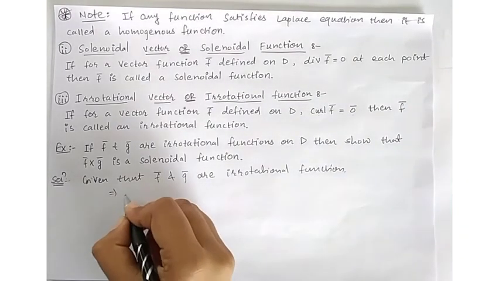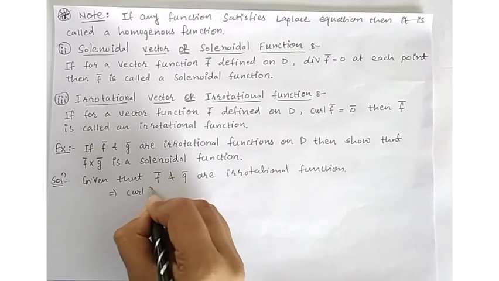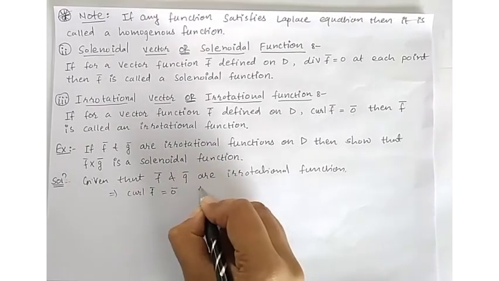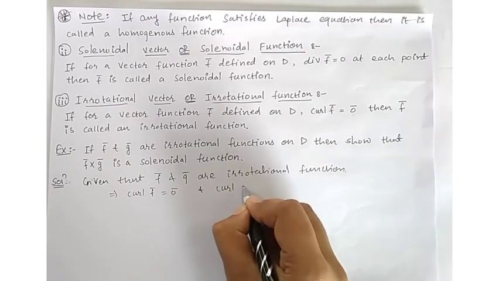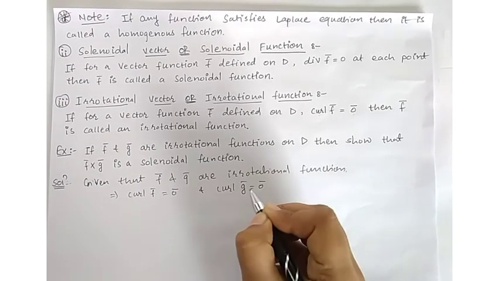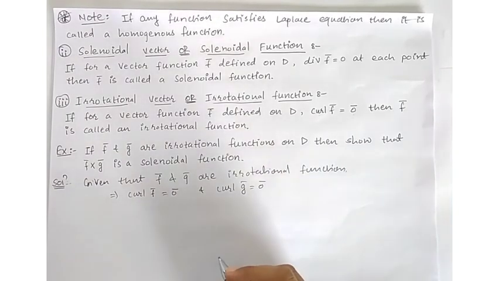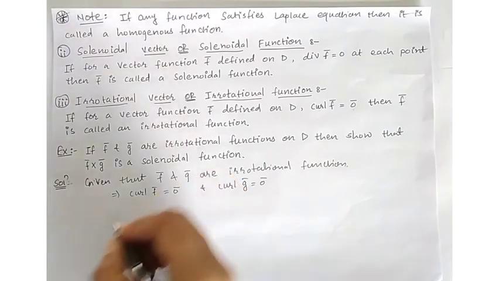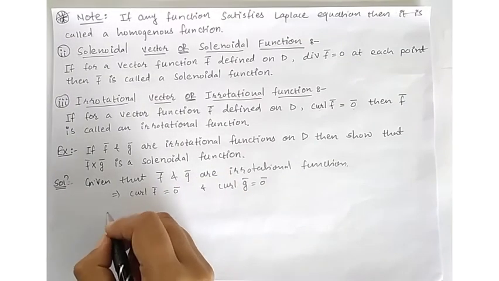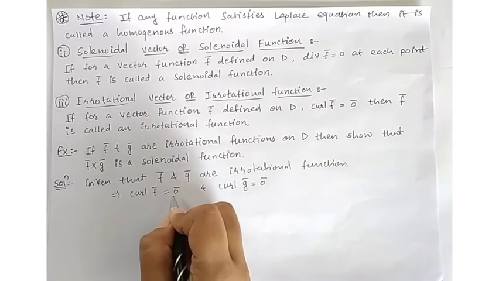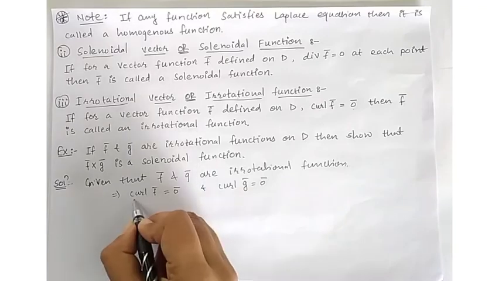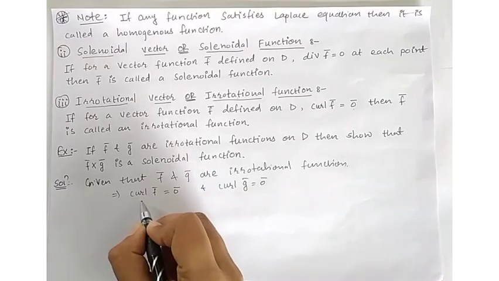So this implies that curl of f bar is the 0 vector, and curl of g bar is also the 0 vector. From this, curl f bar is the 0 vector, so use the definition of curl f bar.